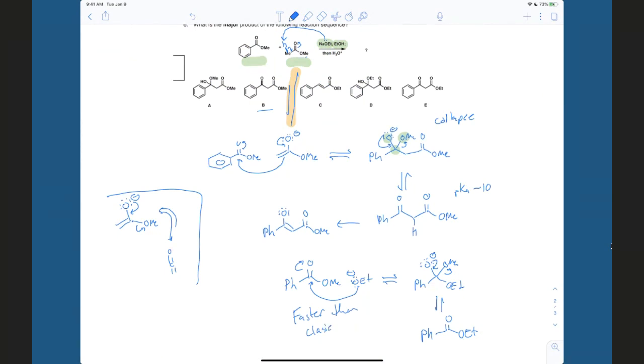But let's just call it an aldol. They all are pretty much aldols of different types. There's not an aldehyde involved here, but we're still going to call it an aldol. And I'll write a note. Excess ethanol drives equilibrium.